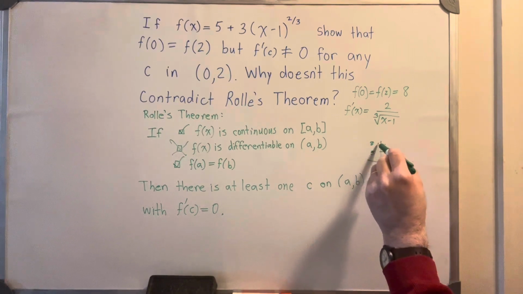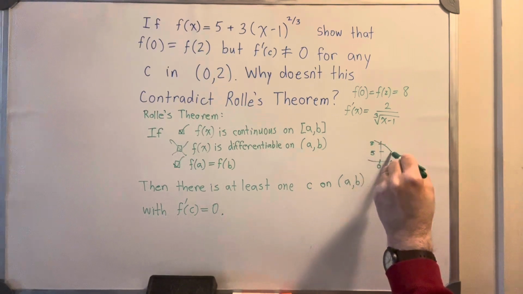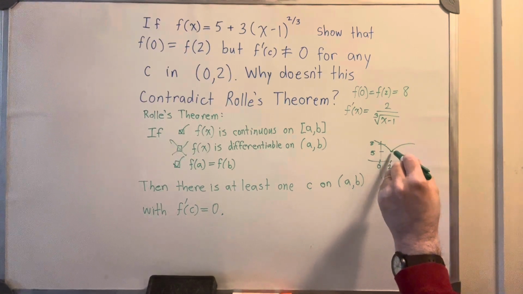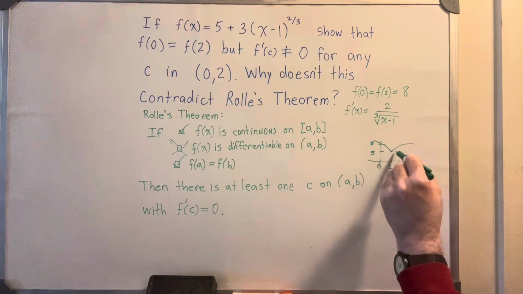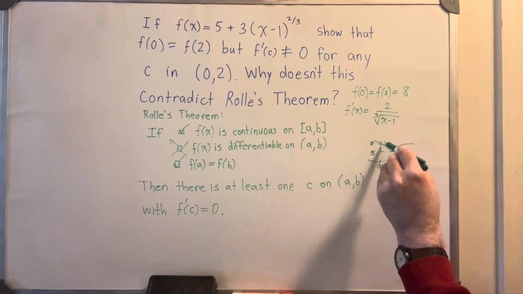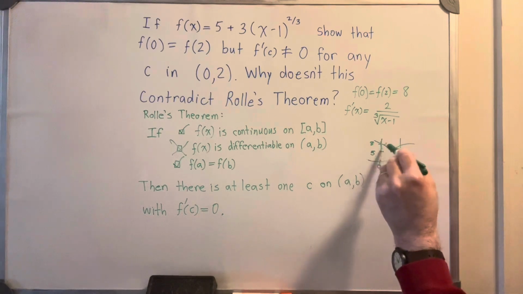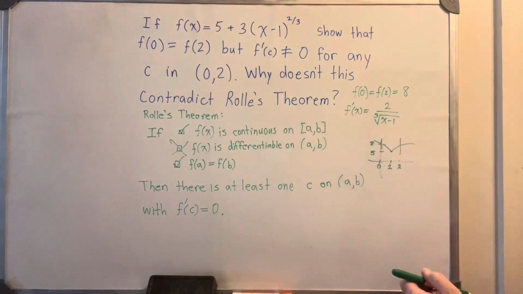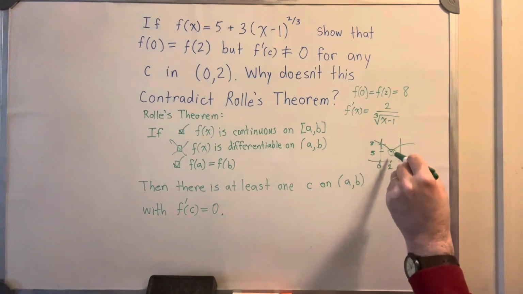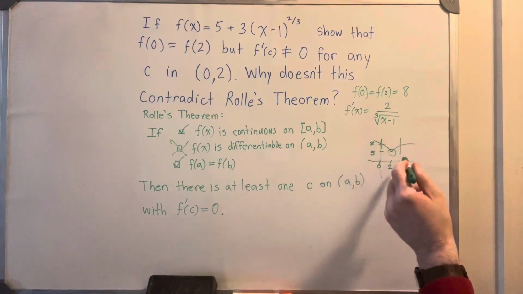The thing is, this is a sharp cusp. There is no tangent there. So there's no point on this closed interval where this function has a flat tangent line. This is not where the function has a flat tangent line.